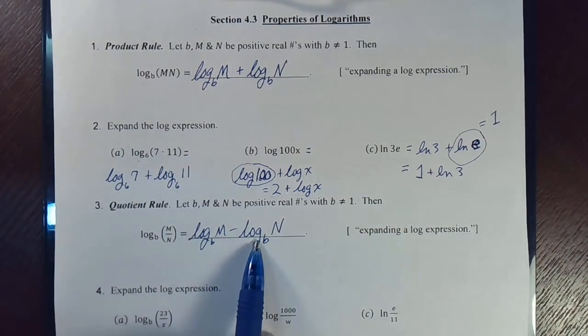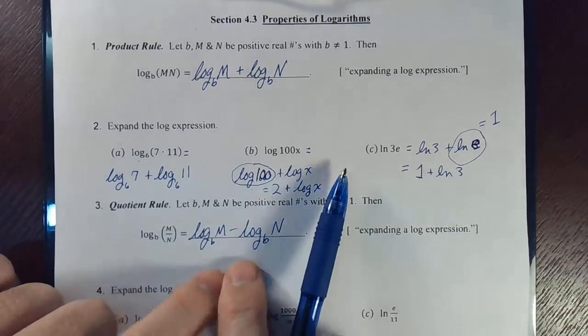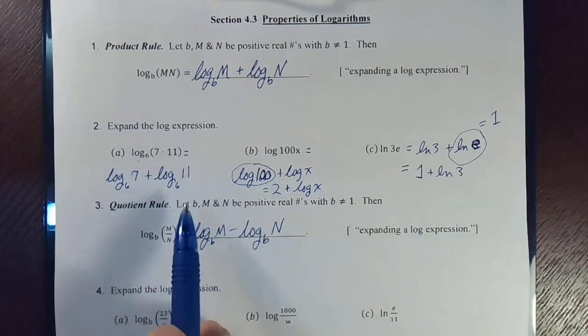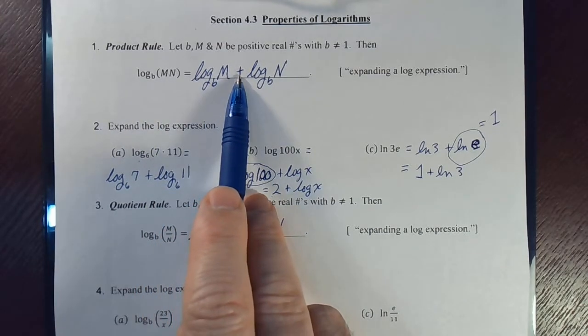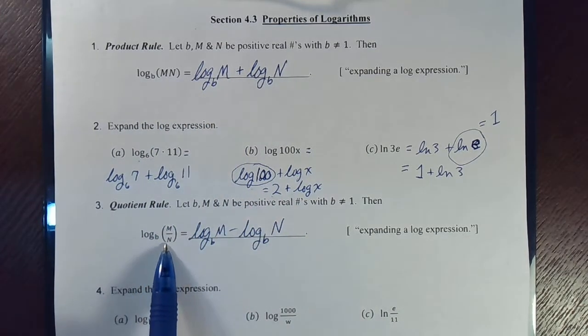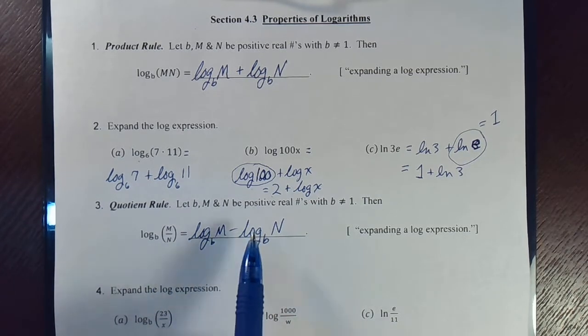That's also expanding the log expression. We're taking one log of a fraction, we're expanding it into 2 logs, and notice that when you're multiplying, it turns into an addition problem. When you're dividing here, m divided by n, it turns into a subtraction problem. And we just expanded that log.